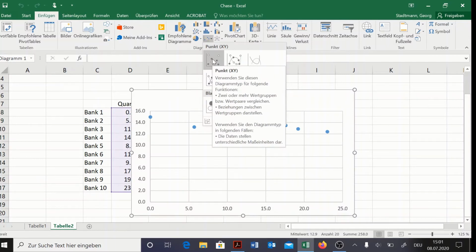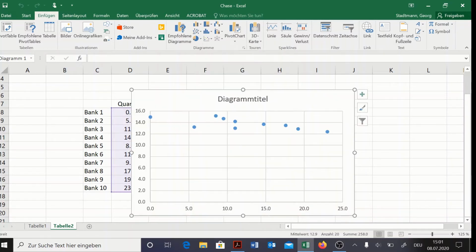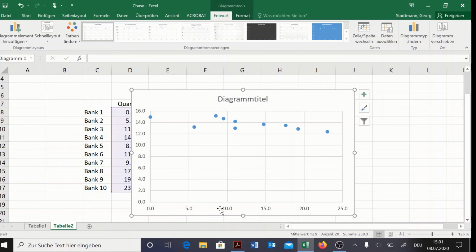Then we take here the first diagram, Punkt XY, the XY scatter diagram, the first one. Afterwards, we want to create some labels, and we also want to run this regression.